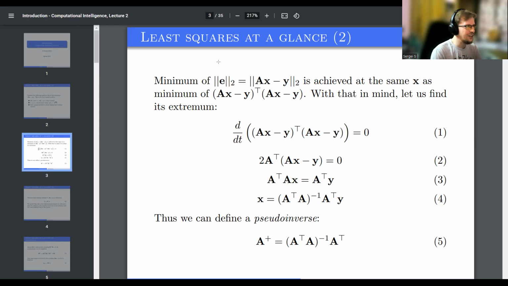And if it is not very clear, what you can do is open the brackets here, take the derivatives, and see if you arrive here. There is a chance you will not arrive here because you will forget how to take a derivative of x transposed with respect to x. Right.